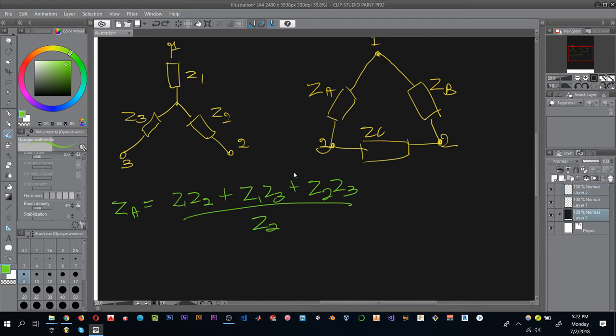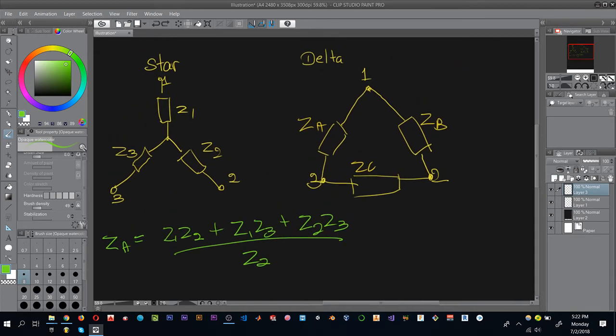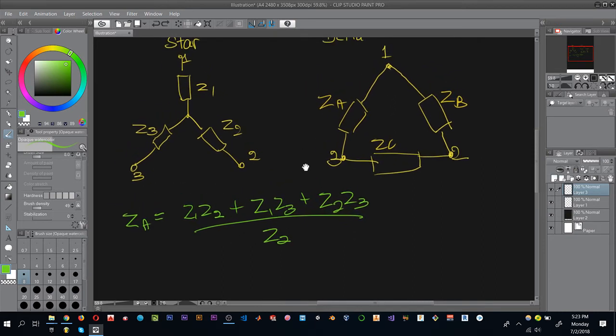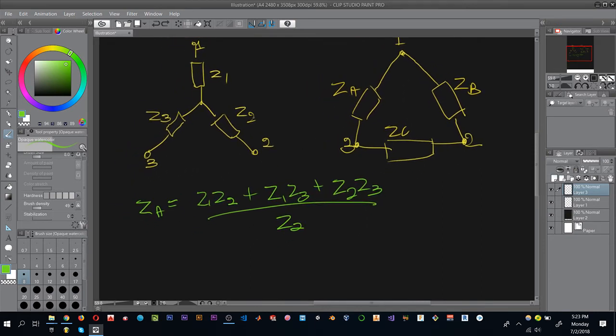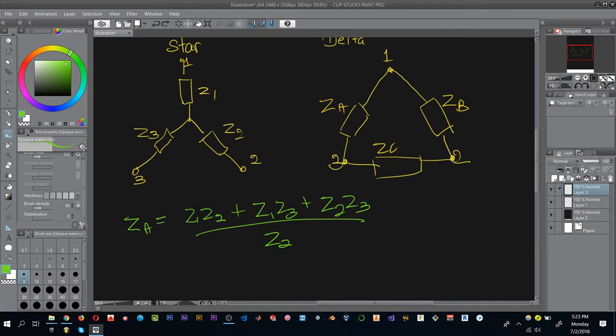Alright, so given this equation, my goal today is to derive it, or to explain how it even occurs. How did we logically come to this equation?